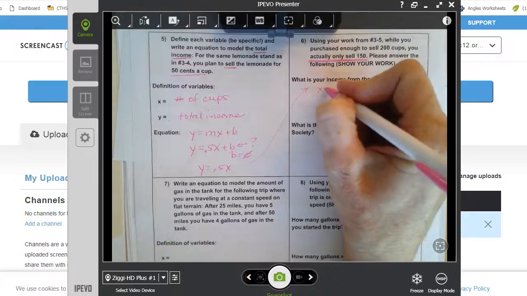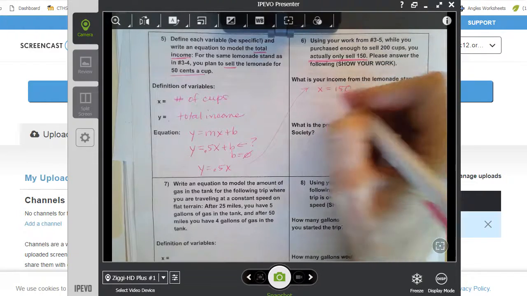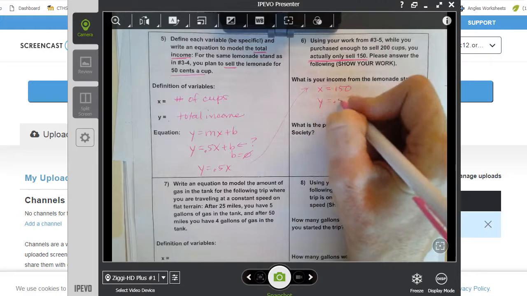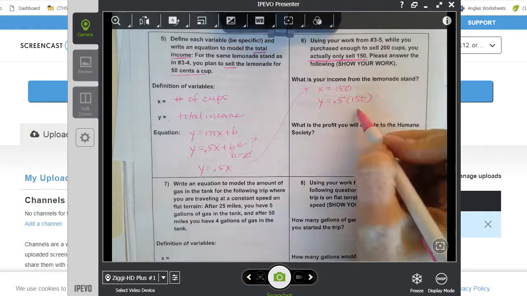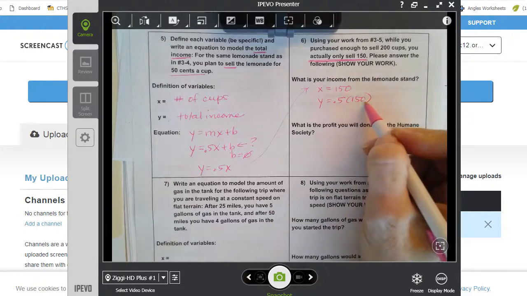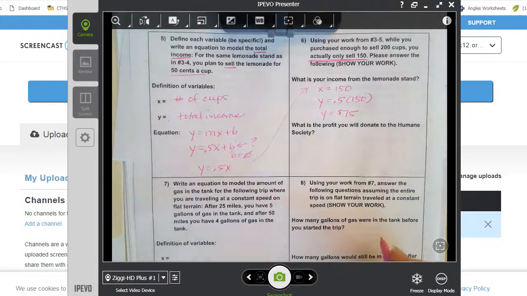The number of cups I sold, I actually sold 150. So y equals 0.5 times the cups I sold, 50 cents per cup. I sold 150. Well, what's half of 150? $75. There's my income. That's what I took in at this lemonade stand.